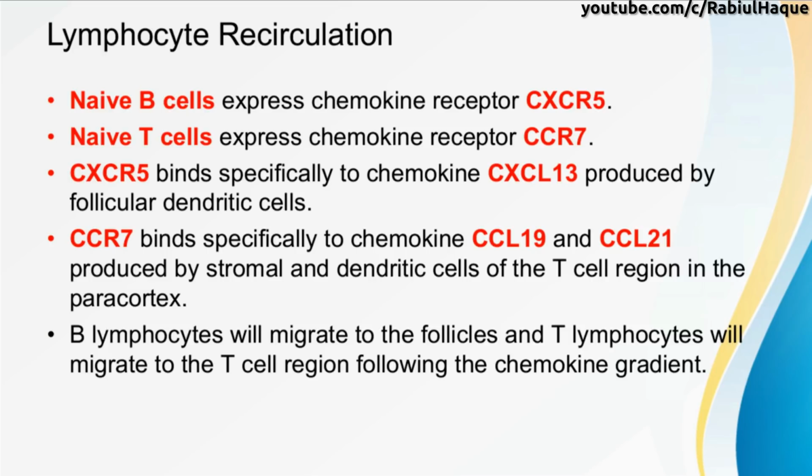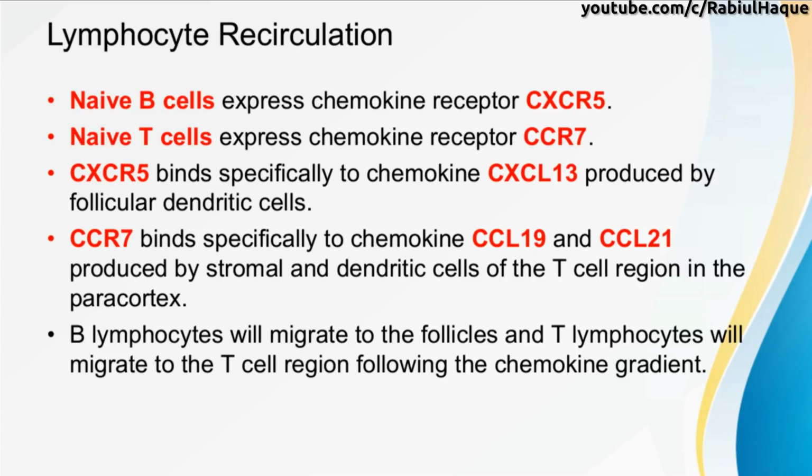On the other hand, the chemokine receptor CCR7 that is expressed by naive T cells tends to bind specifically to chemokines CCL19 and CCL21 that are produced by stromal and dendritic cells of the T cell region in the paracortex.